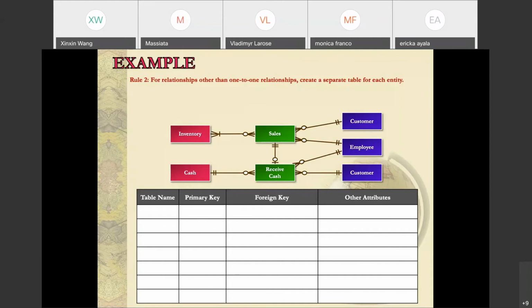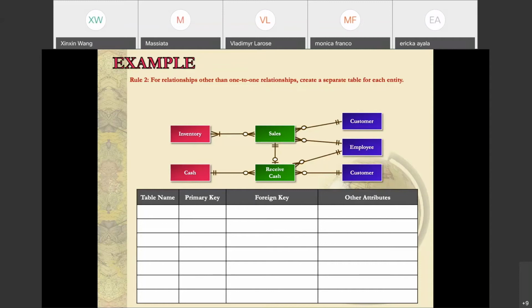So any volunteer, what kind of tables are there? Inventory table and cash table? Excuse me, I didn't catch that. Who is talking? Inventory and cash table. Yeah, inventory and cash.